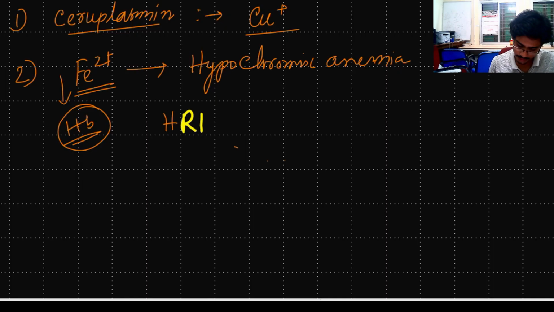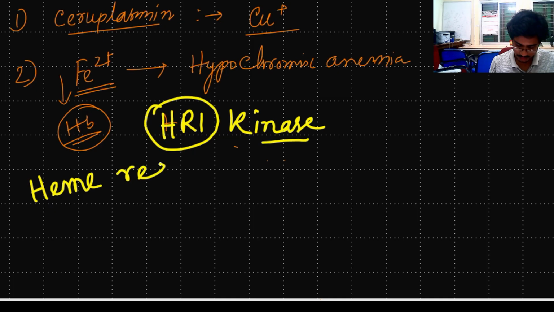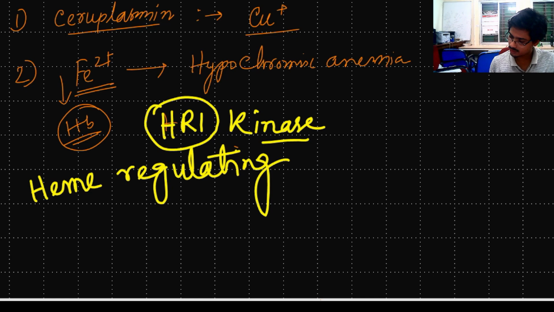So another important key factor is the HRI kinase, the heme-regulated inhibitor kinase.